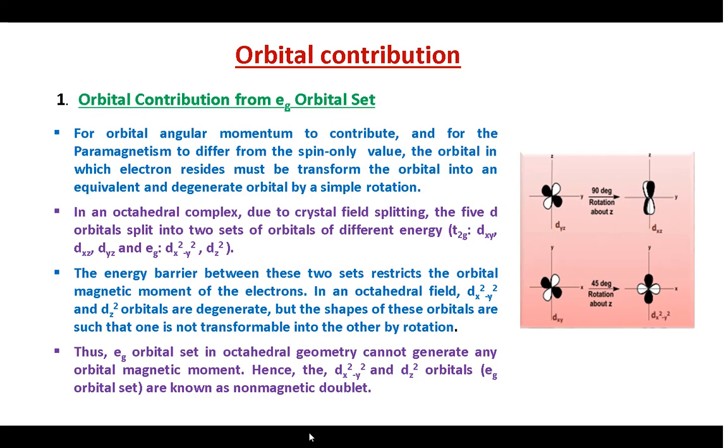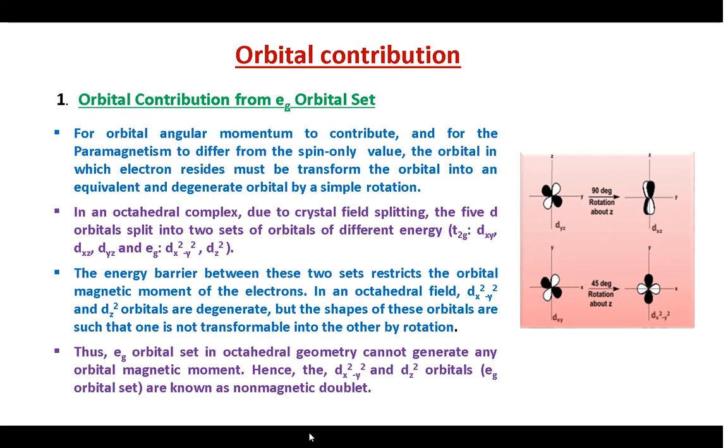In an octahedral field, dx²-y² and dz² orbitals are degenerate, but the shapes of these orbitals are such that one is not transformable into the other by rotation. Thus, the eg orbital set in octahedral geometry cannot generate any orbital magnetic moment.